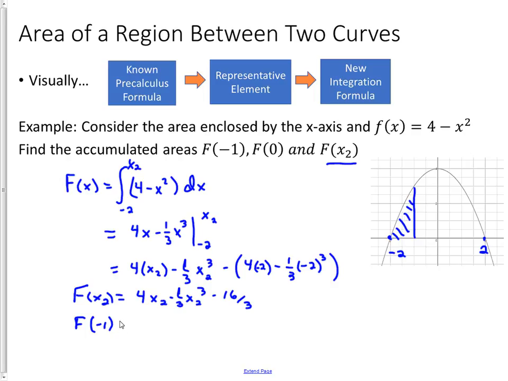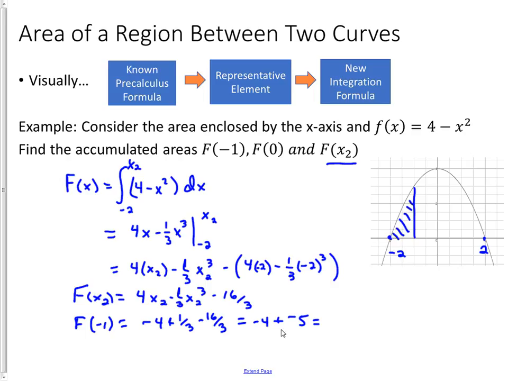Well, that's going to be the same thing as negative 4 plus 1/3 minus 16/3, which is to say negative 4 plus, let's see, 1/3 and negative 16/3 is negative 15/3. That's negative 5.